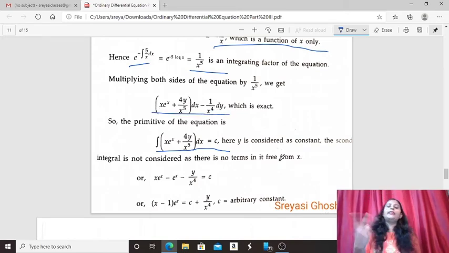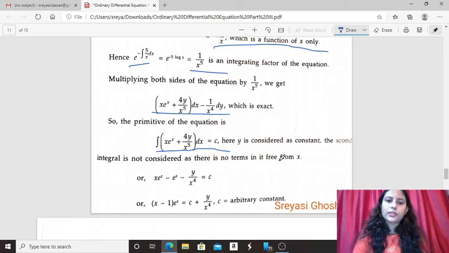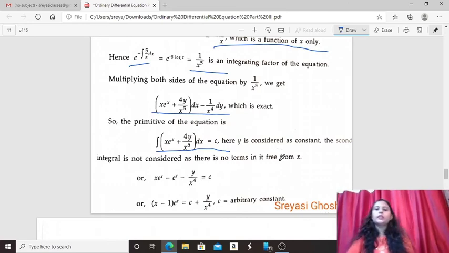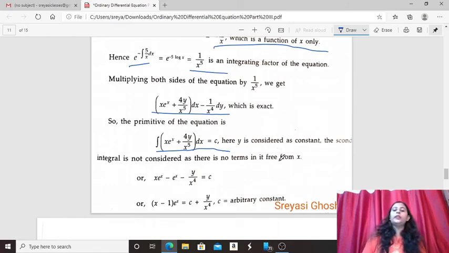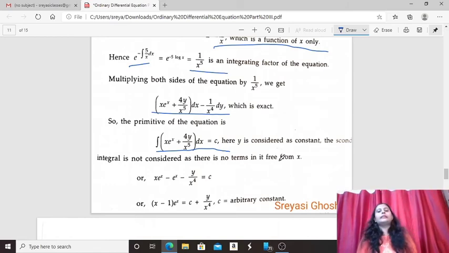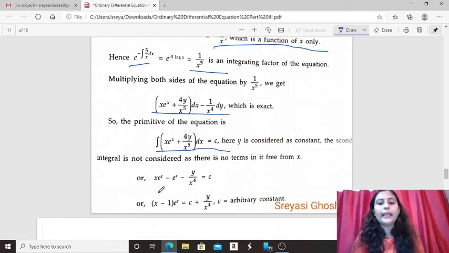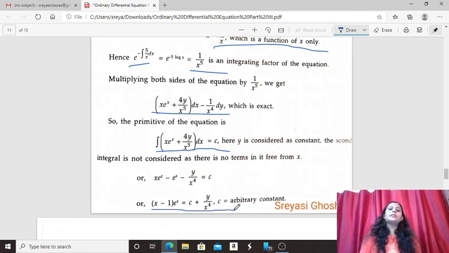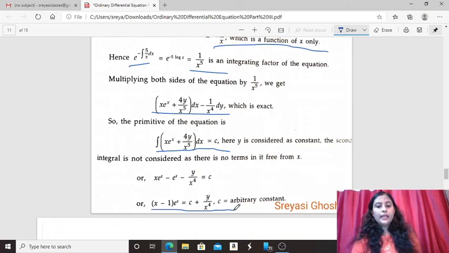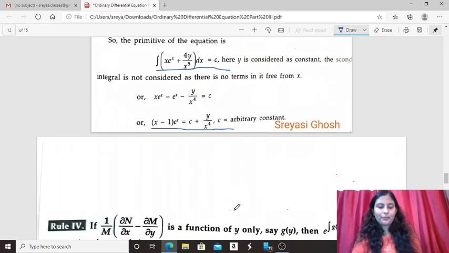So considering any one of the two working methods discussed in the previous class, you can see that integration taking y constant, and then in the second integral, we consider only the terms which are free from x, and then taking the summation of that, we will get the solution in this form, that is (x minus 1) e to the power x equal to c plus y divided by x to the power 4, where definitely c is an arbitrary constant, right?